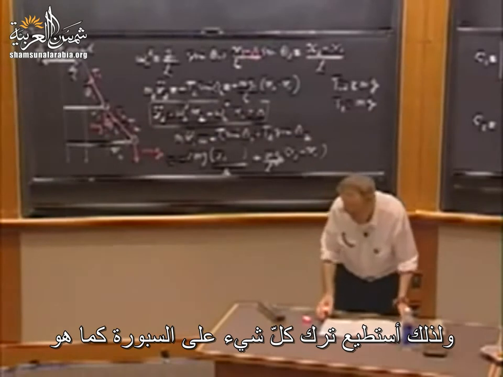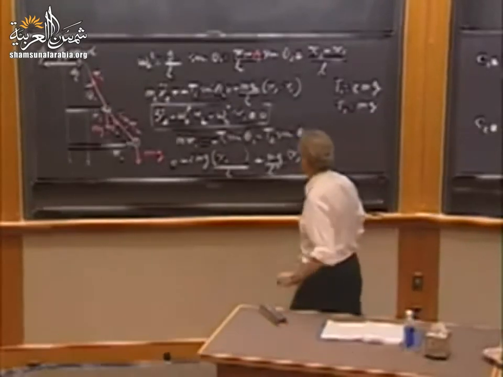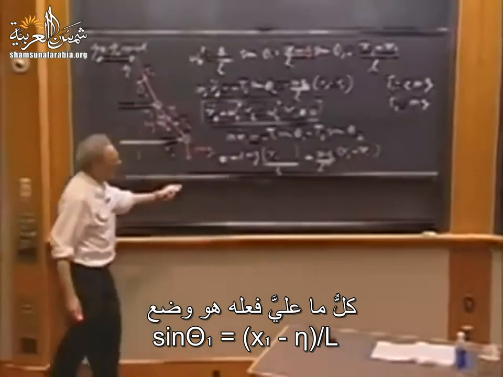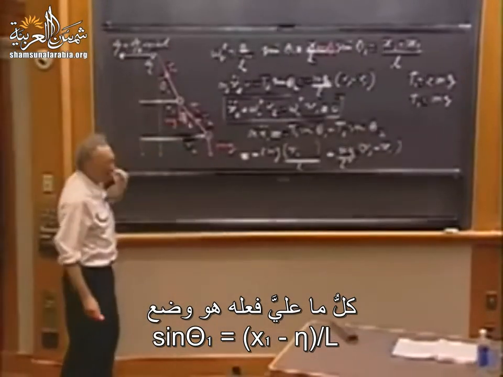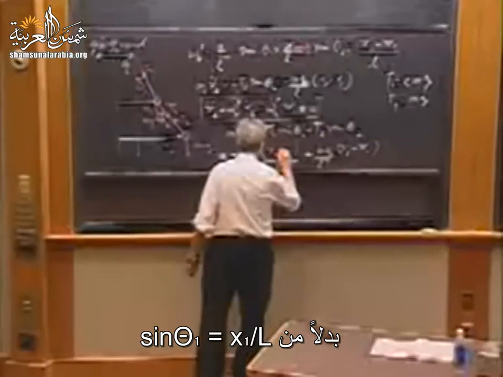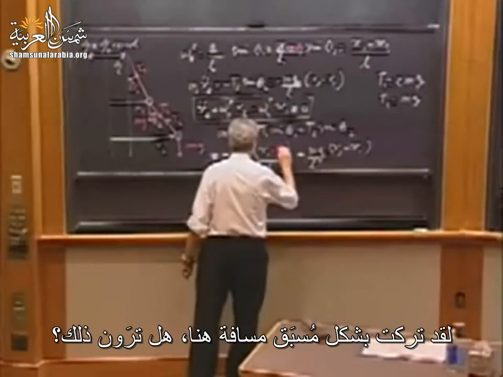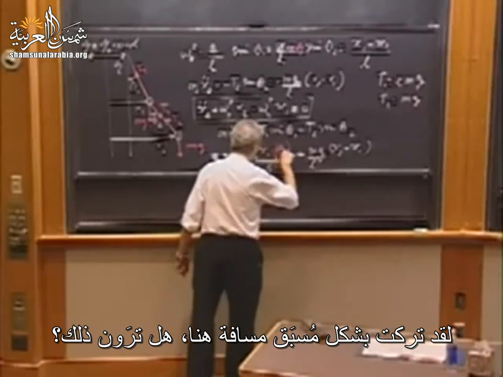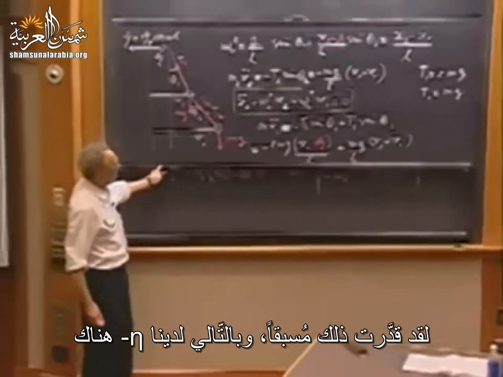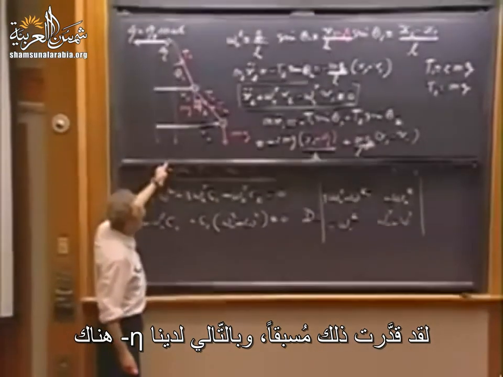So I can leave everything on the blackboard the way I have it. All I have to do is to put, instead of the sine theta x1 divided by L, x1 minus eta divided by L. See, nature was very kind to me. It already left some space there. You see that? Nature anticipated that I was going to do that. So you get a minus eta there.